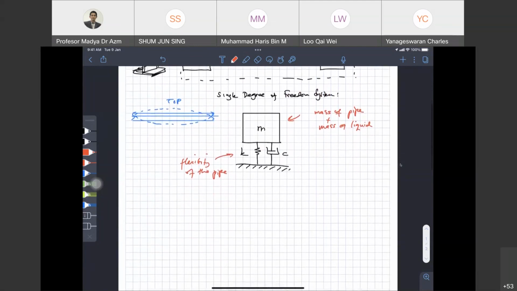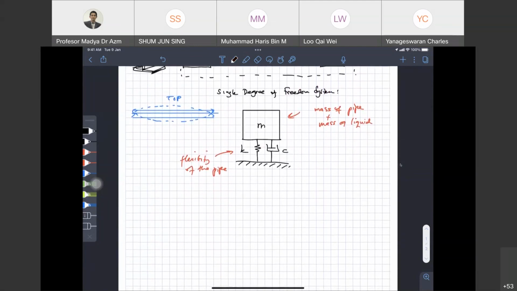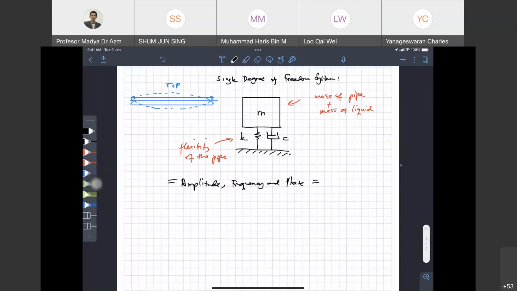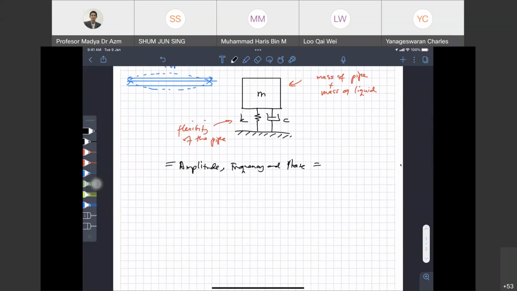Okay, so then we continue with amplitude, frequency, and phase. So as a vibration engineer, this is what you have to deal with.